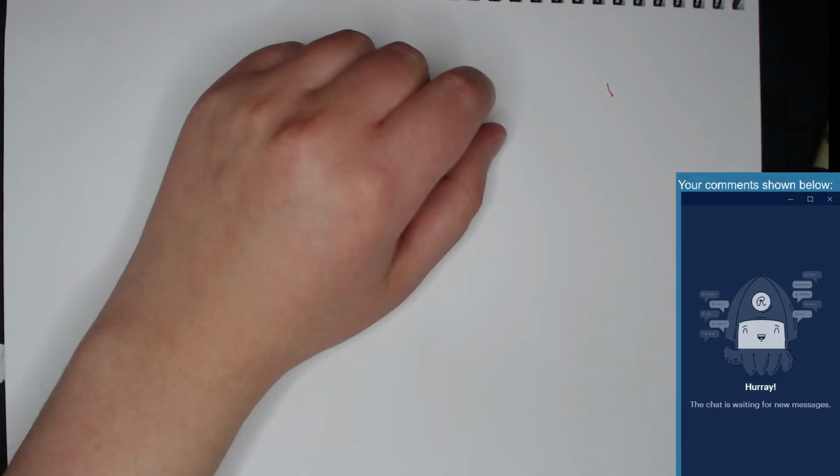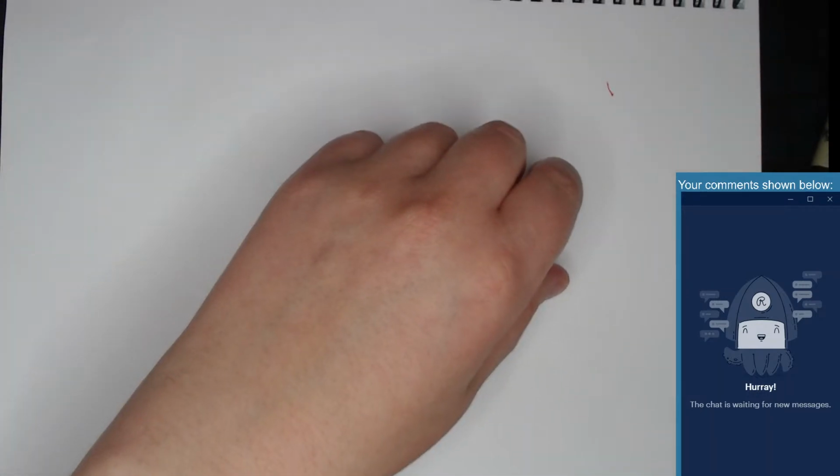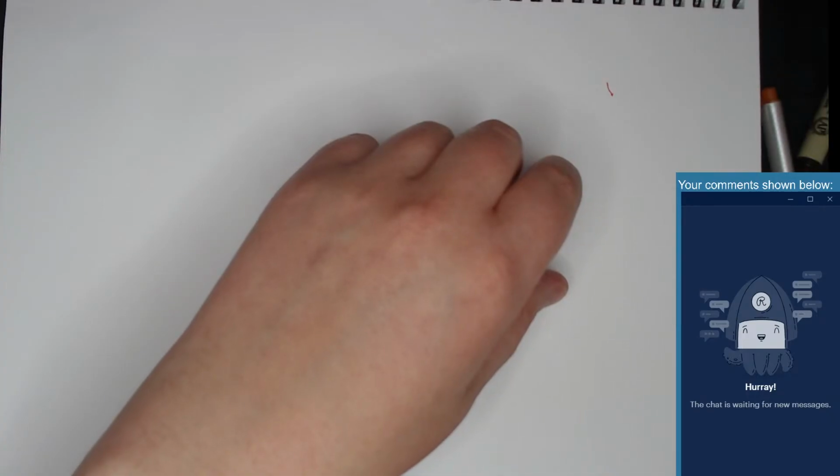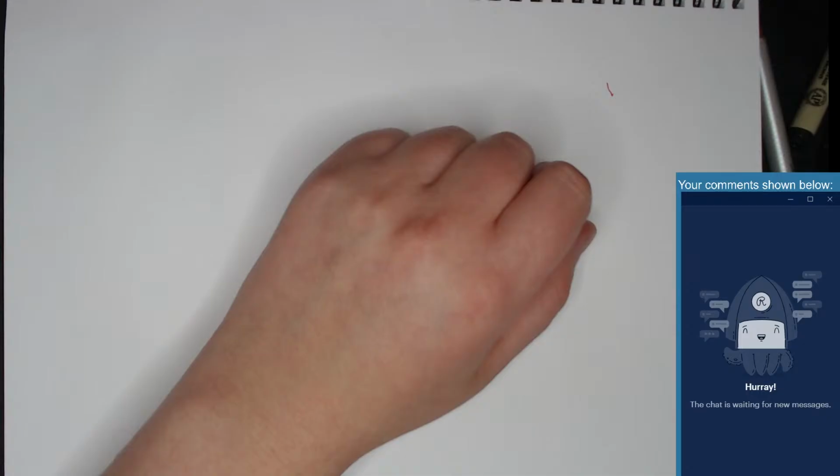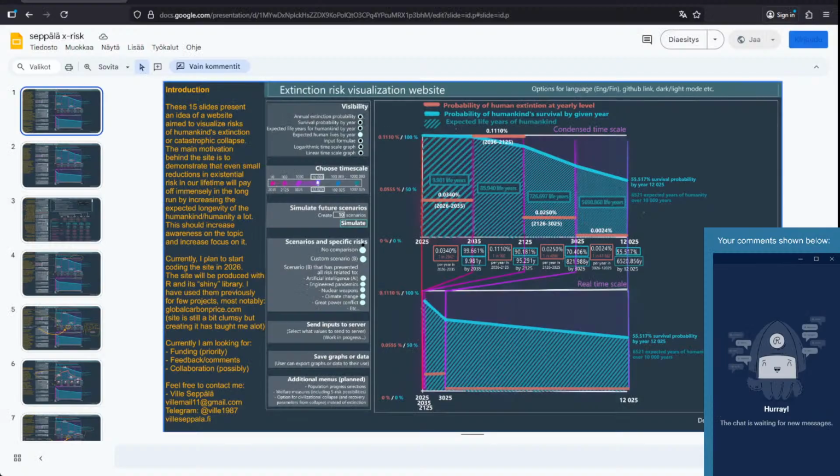Okay, I think everything seems to work okay. I wonder how loud the computer noise is now, but let's see. I'm gonna also try this switching the scene stuff now.